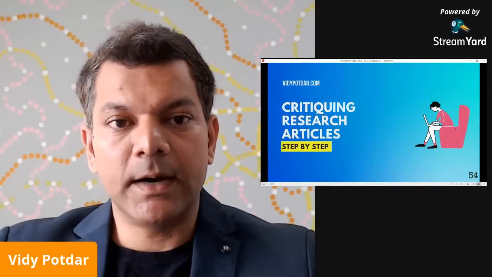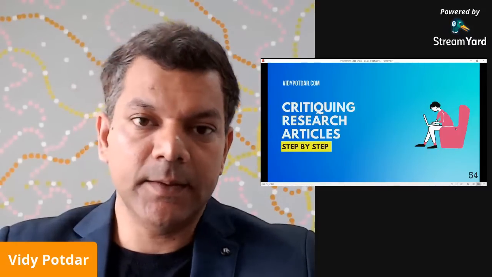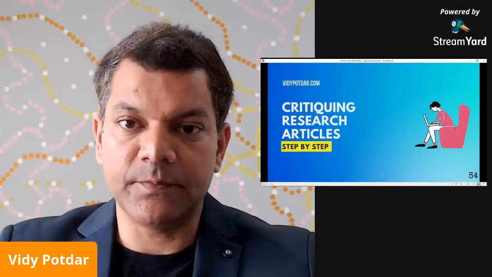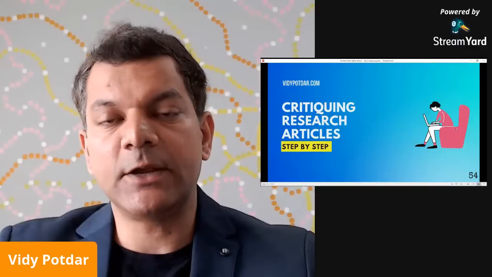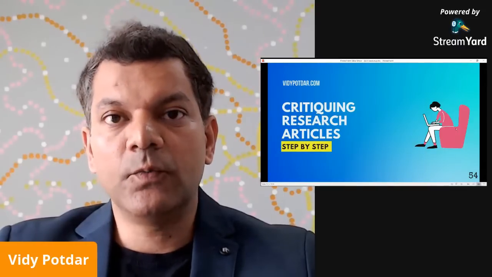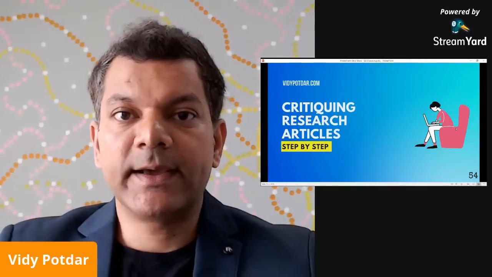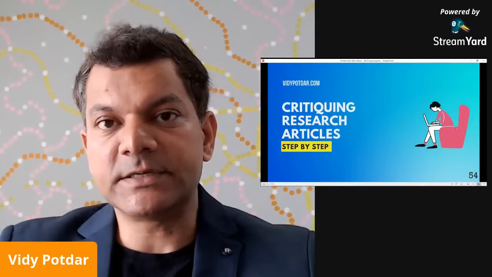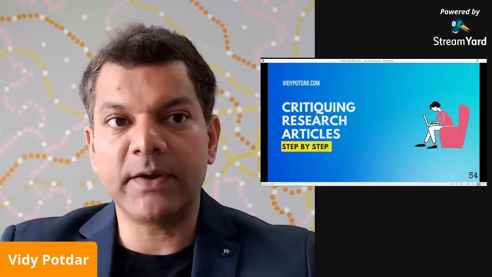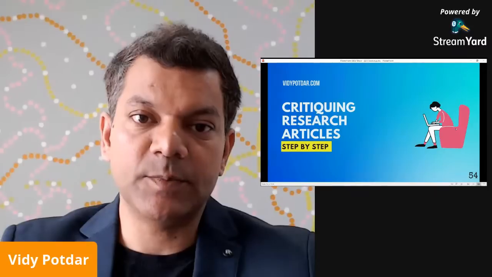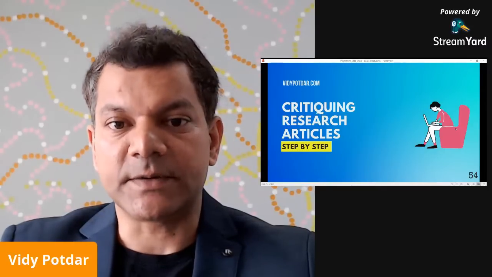All right. Once you have completed the literature search, followed the protocol and selected the papers that you are going to review, the next important step is how to critique research articles, because you don't want your paper to be a summary, but instead a critical evaluation of the literature.